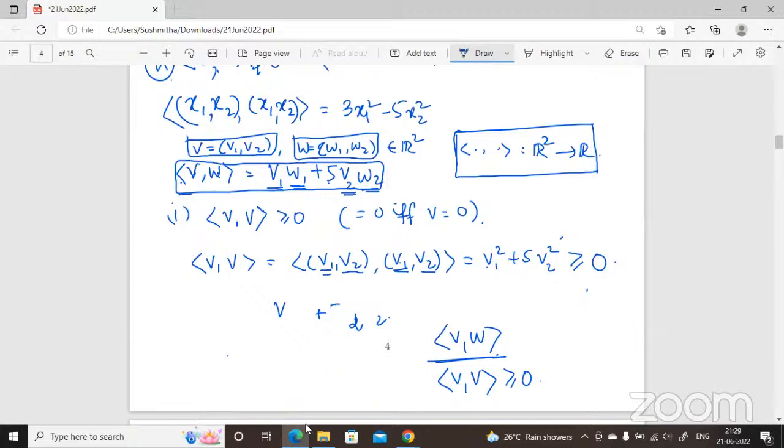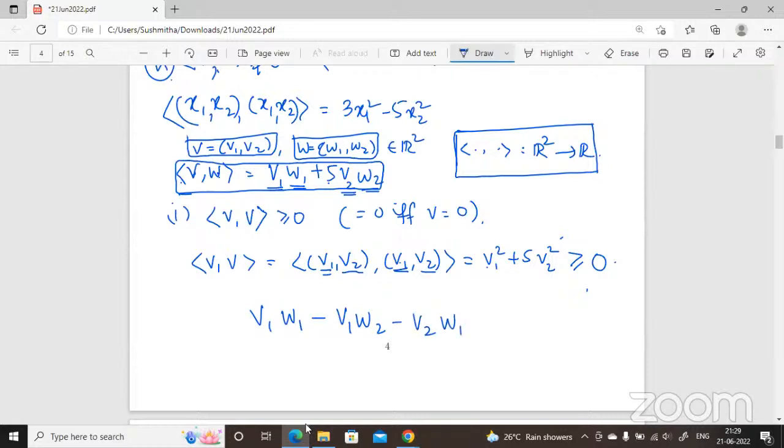Someone asked whether cross terms having a negative sign is a problem. What happens to the positivity condition when we have cross terms? Ma'am, if V1 W2, V2 W1 is less than V1 W1, then maybe it is positive.